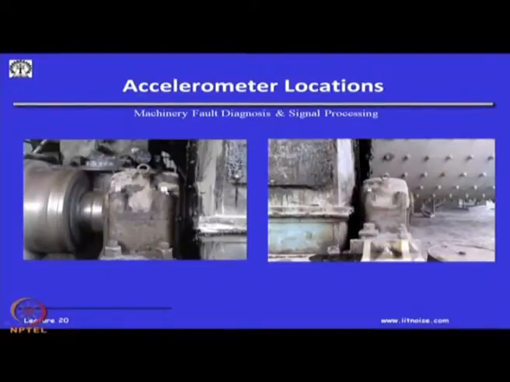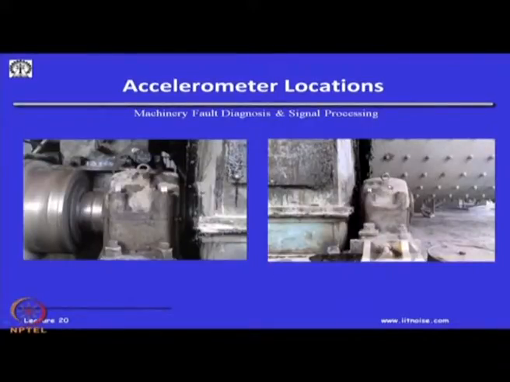So, what we have done is glued these mounting blocks. We just clean the surface, remove the grease, put a cement, and then it sticks. Almost instant glue is there, and then you can put this block onto this block. You can screw the accelerometer, and this is the rotary kiln I was talking about in a cement plant actually.